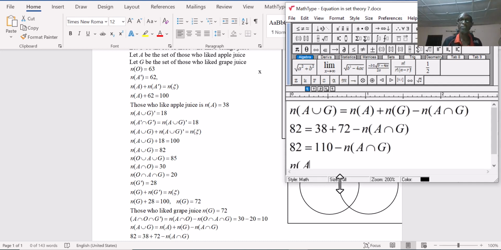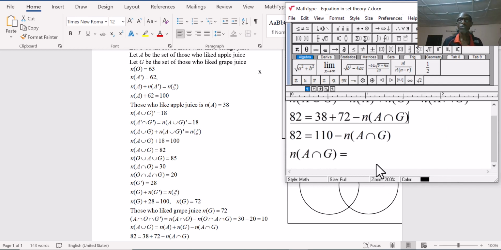So A intersection G equals, what we need to do is just subtract. That's 110 minus 82. So this gives us 8, and then this gives us 2.